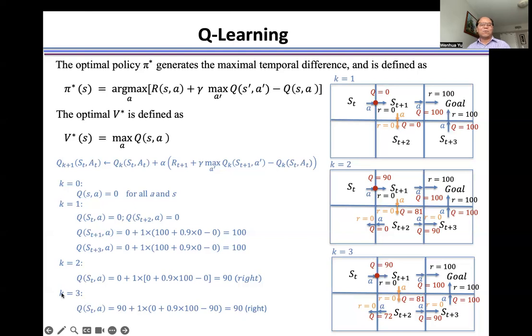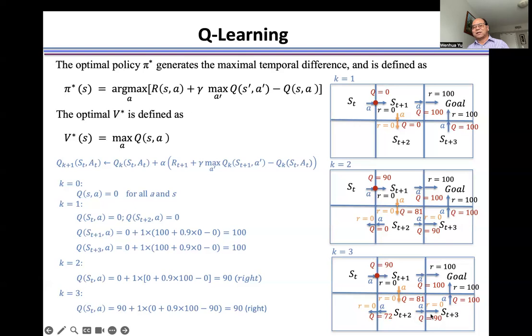Then we move further to k equals 3. For k equals 3, everything is the same except this one, which changed from 0 to 72. The same thing, we calculate the Q at this state by selecting this action. First, this R equals 0. And then at this state we can select 2 actions. One is right, where we get 100. One is down, where there are two choices, one is 90 and one is 72.